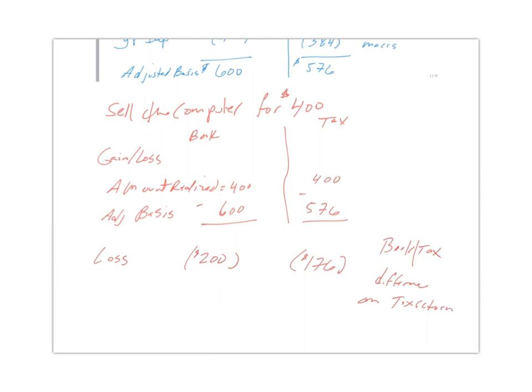All right, so the whole point of this is you may not have the same adjusted basis for book and tax purposes, which is going to lead to different amounts of gain or loss for book and tax. Okay, so your taxable income and your financial income are not, in most situations, going to be equal. All right, that is all of chapter 11, part 1.